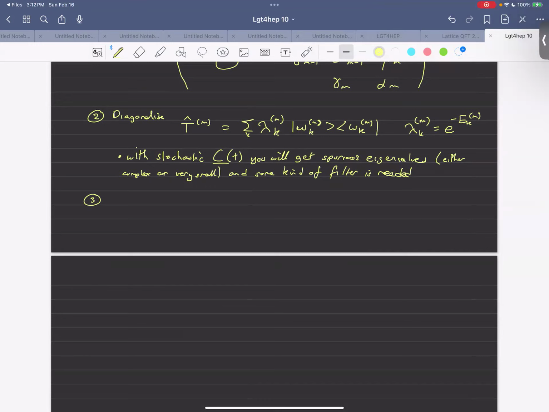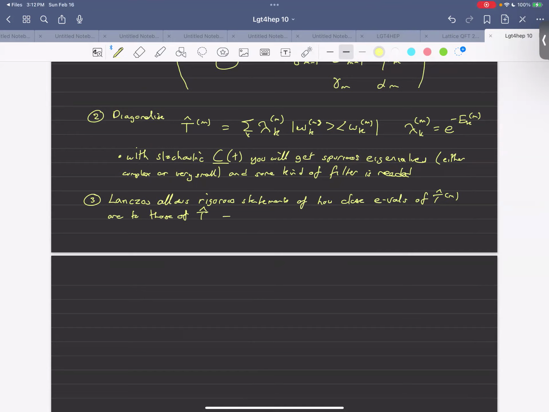So the theory of Lanczos allows for rigorous statements of how close eigenvalues of T_m are to those of T, the infinite dimensional object.